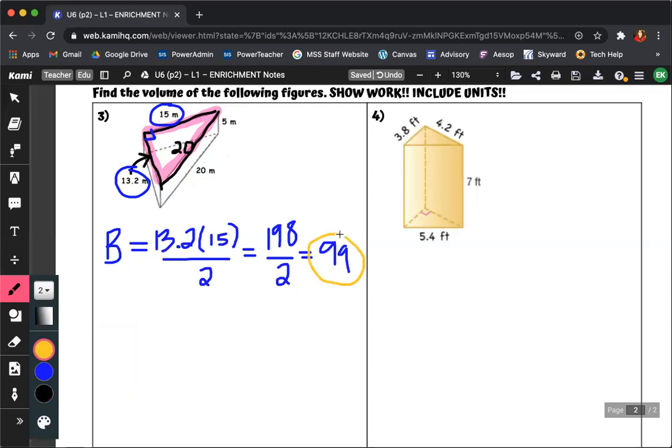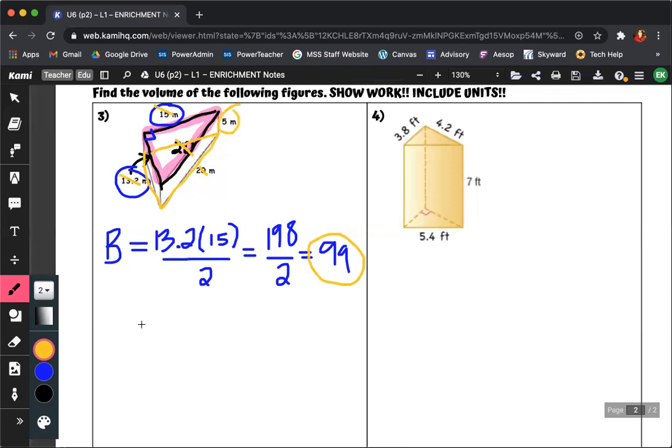Now what we have to remember is to find the height, it's going to be the other measure. We already used 15, we already used 13.2. The 20 is talking about the triangular side. We don't want to use that. We want to look at what's going to connect us to this other triangle here. That's going to be this side measure right here, because that's connecting the two triangles to each other right there.